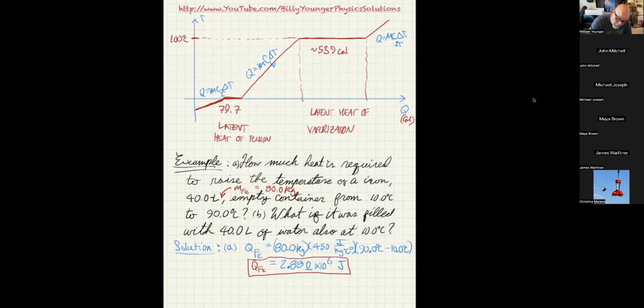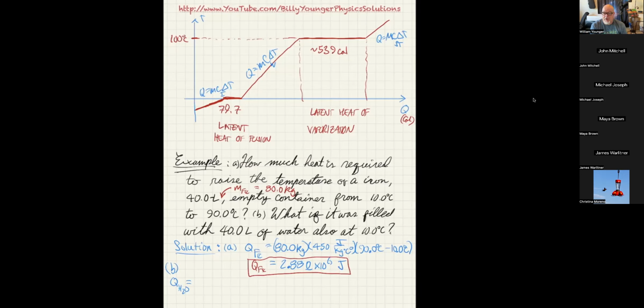Now I can do part B, which is Q for the water, Q H2O. In this case, the water's mass, hopefully you guys know this. This is one thing everybody should know. If you want to be an engineer or a scientist, you really should know the density of water, and this is liquid water, not ice.